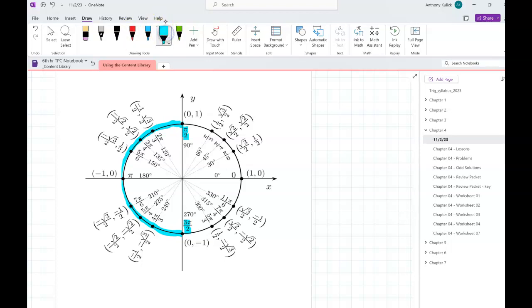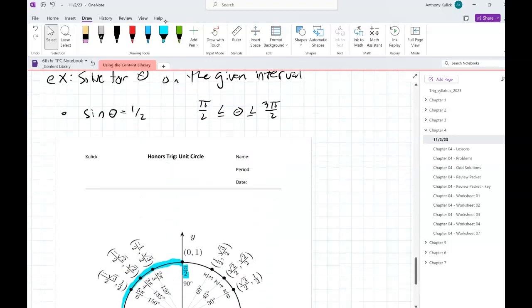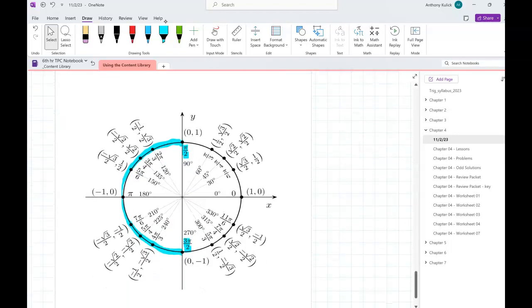Because we're talking about sine inverse, I'm now going to look at the y coordinates and see where the y coordinate is positive 1/2. So if I do that, it's right there.